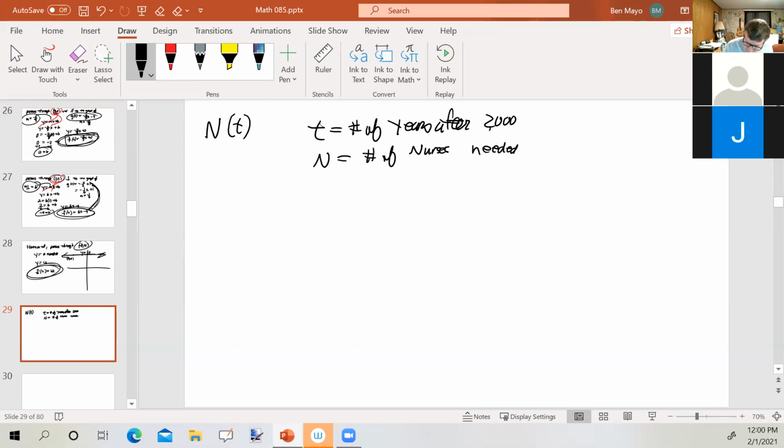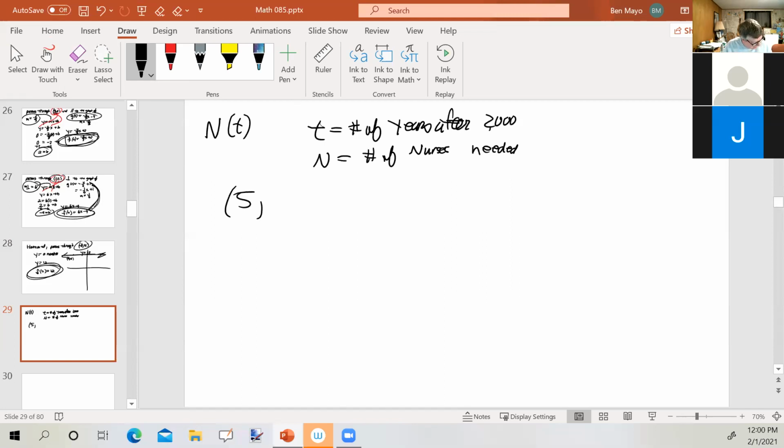Now, let me read it again. The demand for full-time registered nurses in the United States can be modeled by a linear function. In 2005, 2005 would be 5 years after the year 2000. So T would be 5.